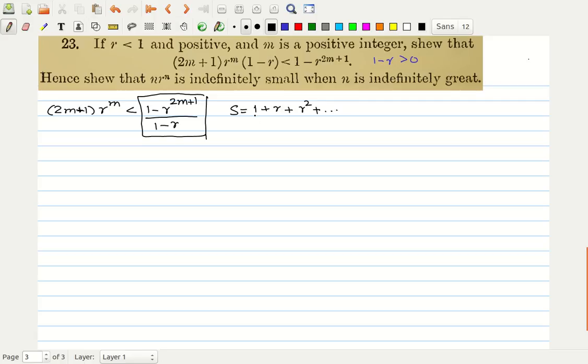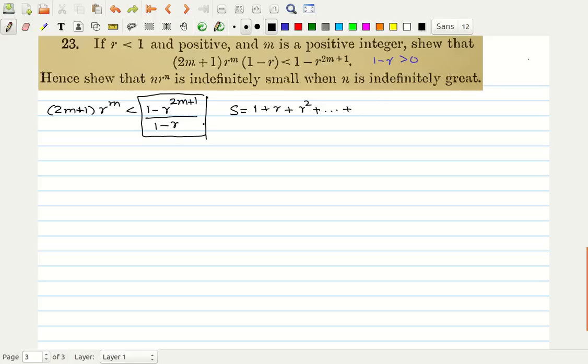So what it means is it is the sum of this series, right? You can see that if I add 1, r, r square up to r to the power 2m, I have 2m plus 1 terms, and if I want to find the sum of this series, it is given by this expression, 1 minus r to the power 2m plus 1 over 1 minus r, right? So far is clear.